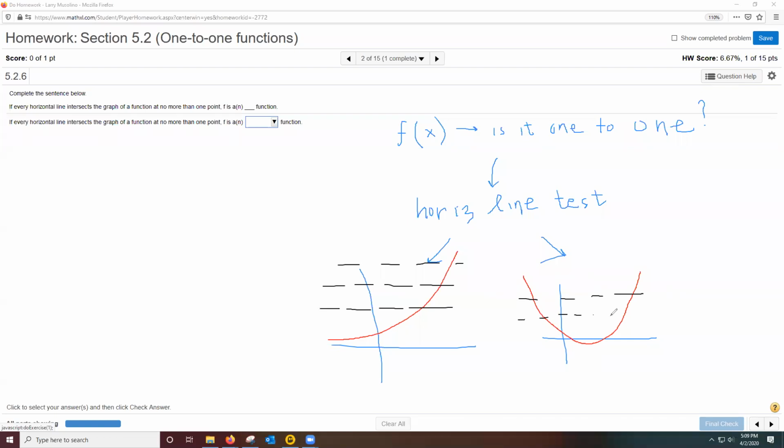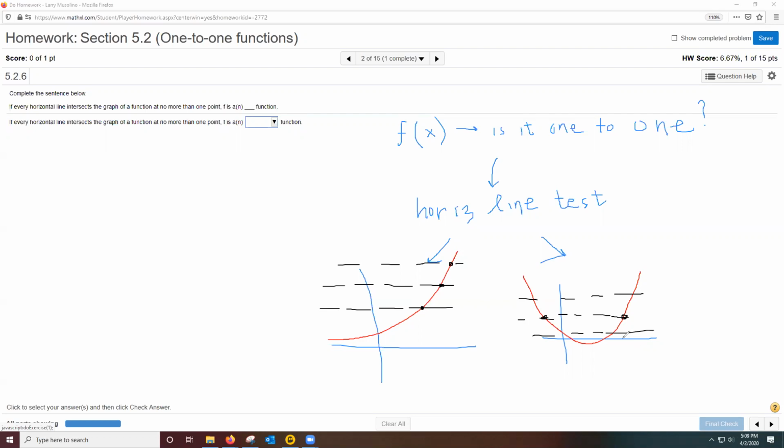For the function to be one-to-one, the horizontal line can only intersect the graph at most 1 point. So notice in this left example, a horizontal line is intersecting only 1 point. Here only 1 point. Here only 1 point. On the right side, though, a horizontal line is intersecting the graph at more than 1 point. Looks like 2 points here.